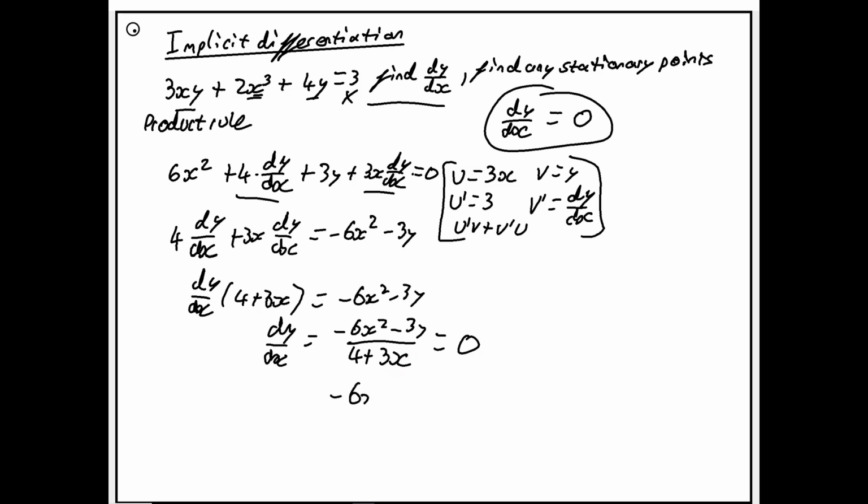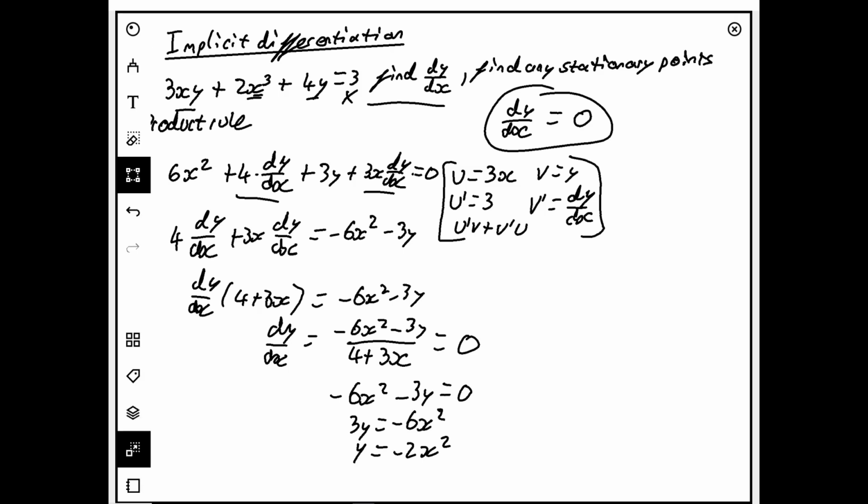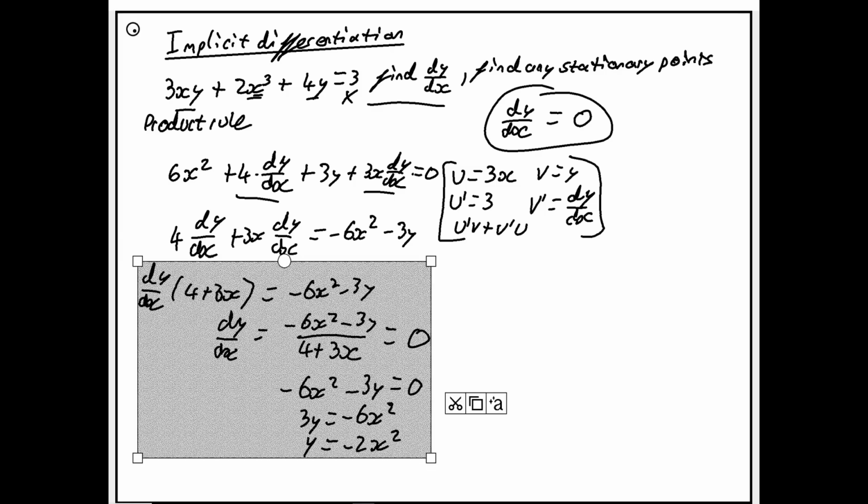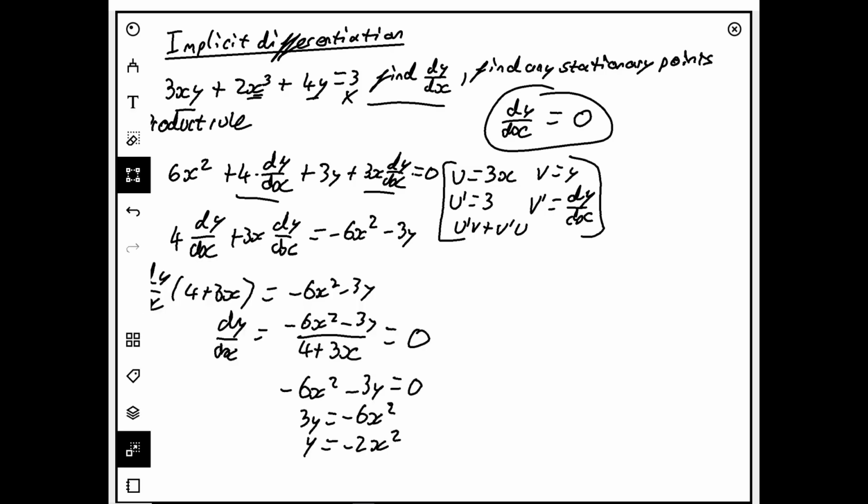So we get minus 6x squared minus 3y equal to 0. So rearranging this, we get 3y equals minus 6x squared. So y equals minus 2x squared. So now what we can do is sub this back into our original equation and find some stationary points.